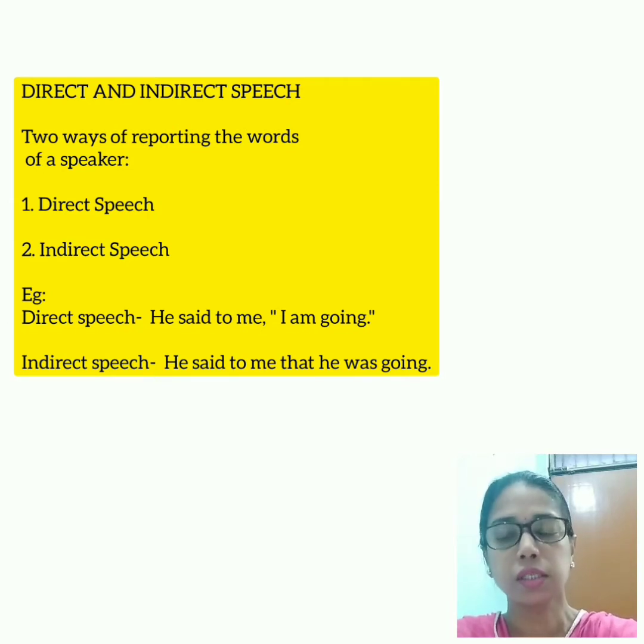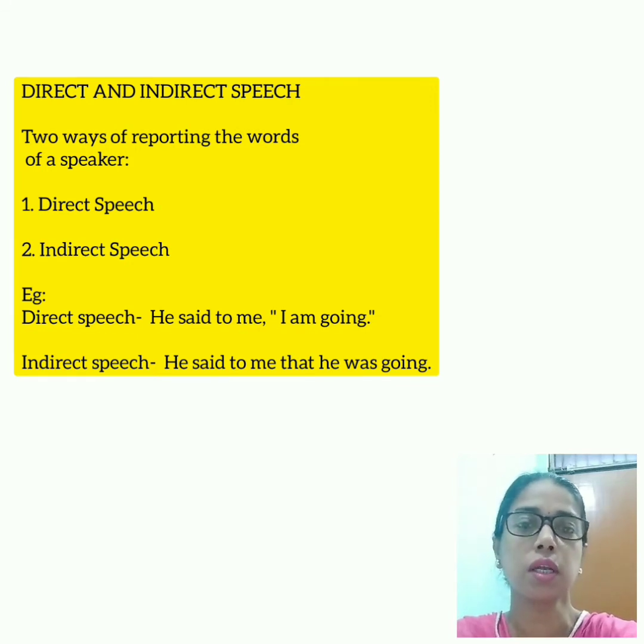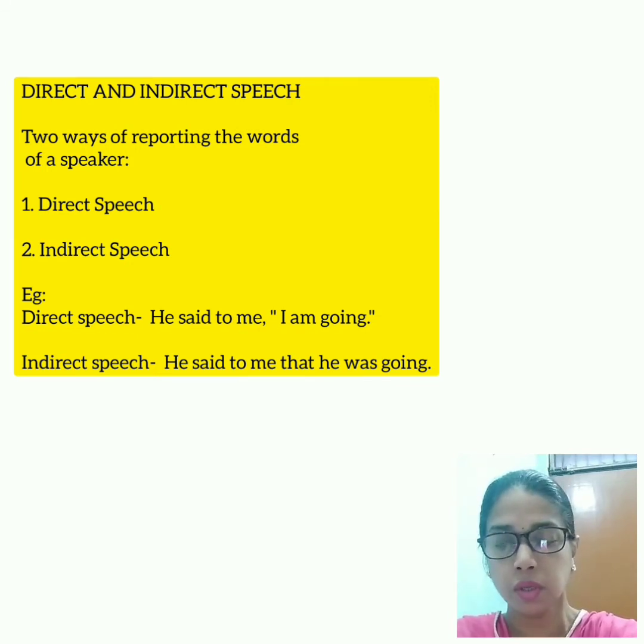Here, he said to me is the principal clause. I am going is the subordinate noun clause. So remember children, he said to me is the reporting portion, which is the principal clause, and I am going is the reported speech, which is the subordinate noun clause.